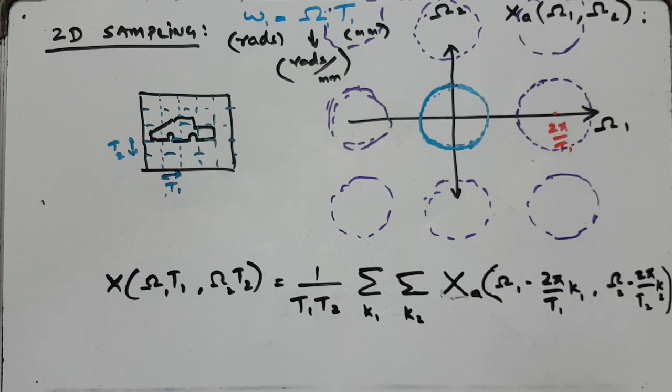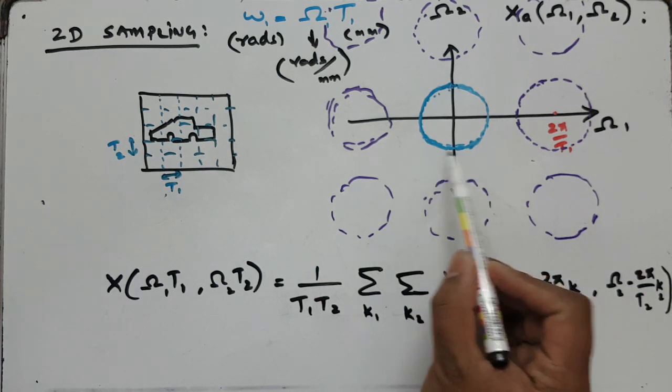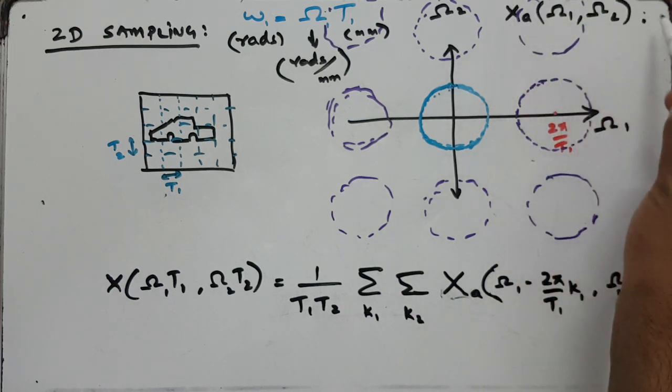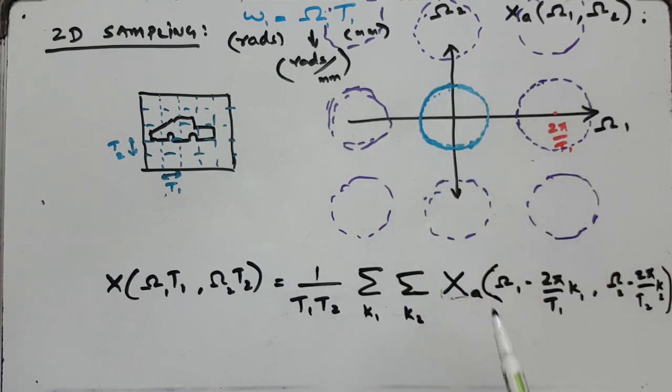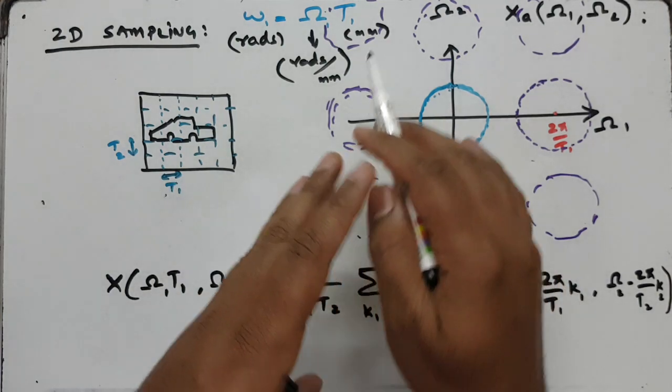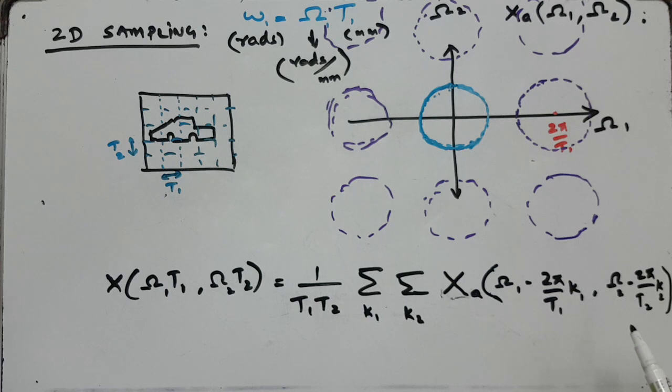So this blue part is one single XA, which I have written here. Let's say for k1 equals 0, we get XA(omega 1, omega 2). So this is XA(omega 1, omega 2), only this one. And capital X(omega 1 T1, omega 2 T2) is the discretized version, which is accumulating all of these together.